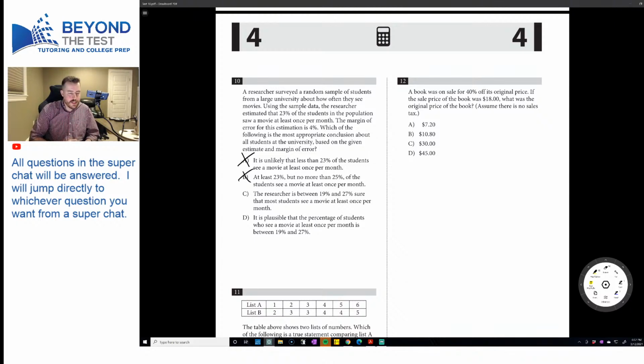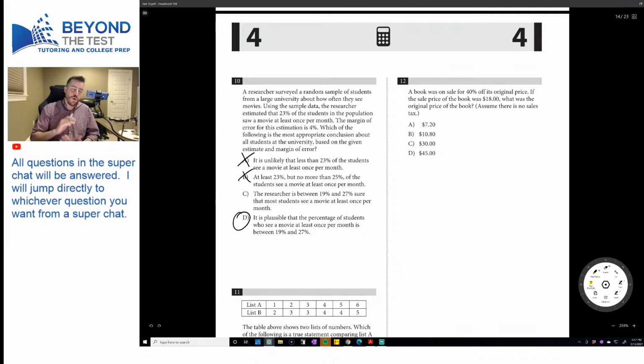C says the researcher is between 19% and 27% sure that most students see a movie at least once per month. Now that actually sounds kind of good, but let's read choice D here. D says it is plausible that the percentage of students who see a movie at least once per month is between 19 and 27%. And that's what we want to suggest.